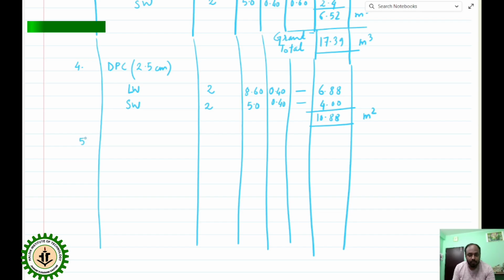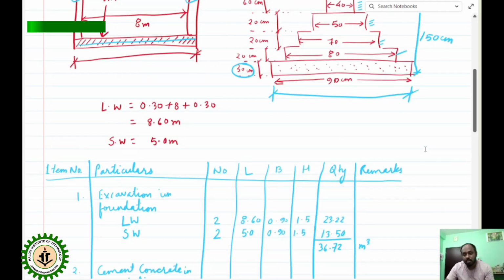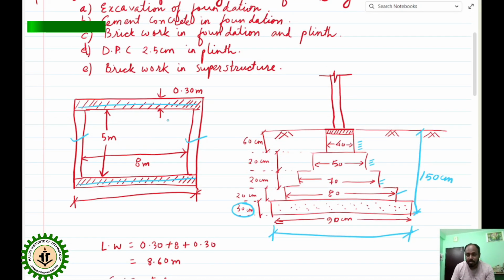Now the fifth item, that is brickwork. Brickwork in superstructure. Brickwork in superstructure means the structure which is above the ground is known as superstructure. In this question, I have missed the height. It is given as 4.2 meter.